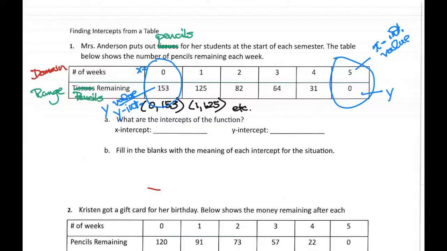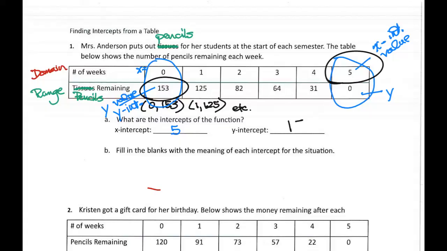So it says, what are the intercepts of this function? The x-intercept. X-intercept has to have an x value. So that's going to be 5 right here. And the y-intercept is the pair where you have zeros, but it's the y-coordinate, which is right here.